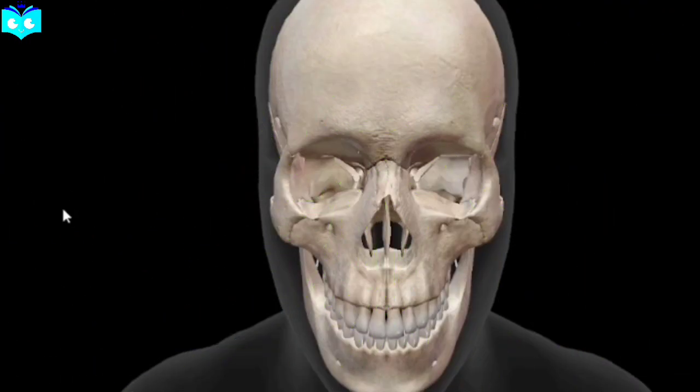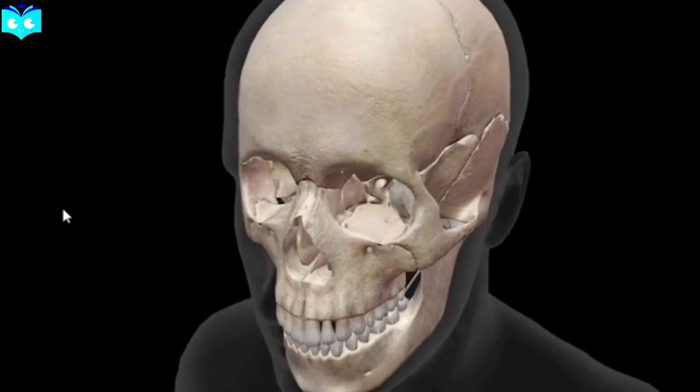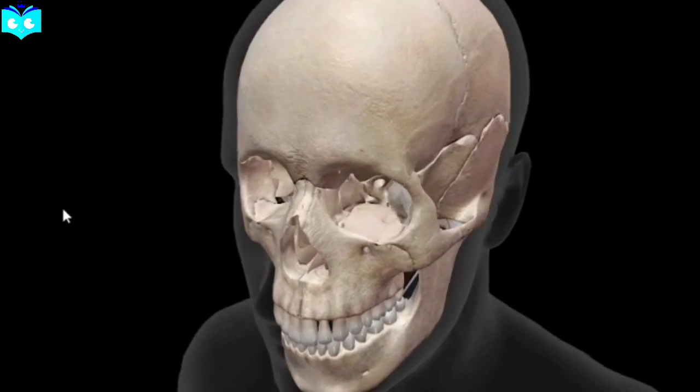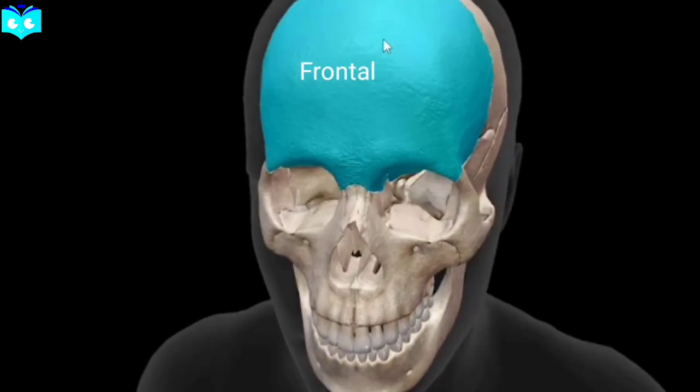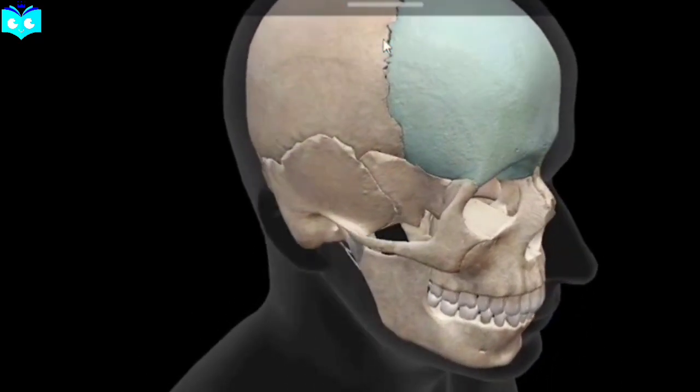The skull has the cranium, facial bones and the hyoid bone. First we talk about the cranium, which is known as the brain box and has 8 bones. Let's talk about each bone and its position too. First one is the frontal bone.